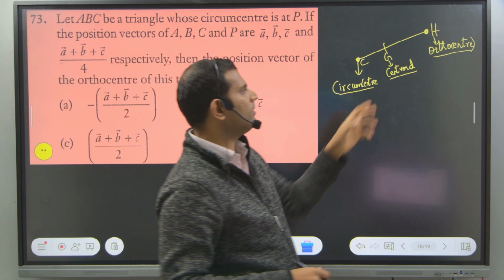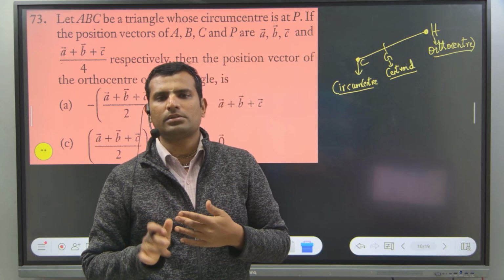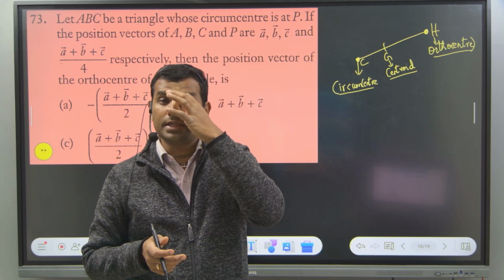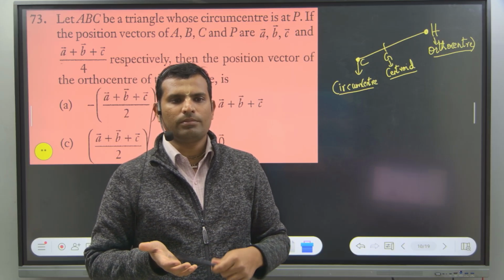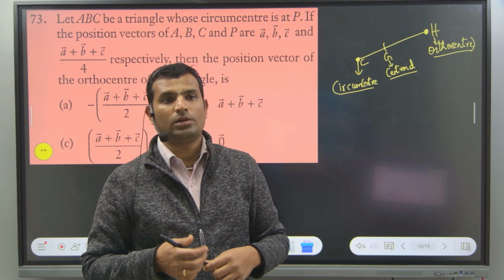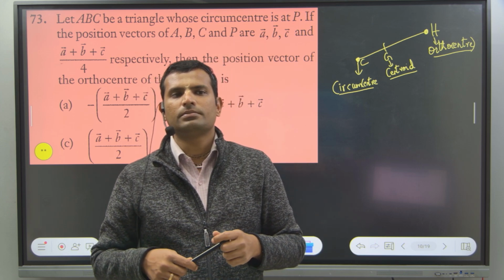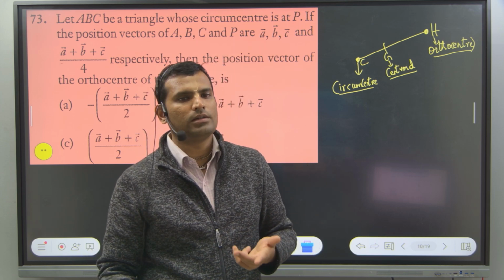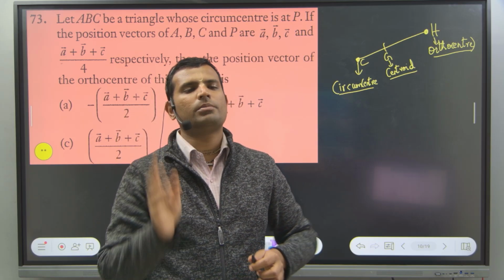Can anyone tell me in which ratio it will divide? Centroid divides circumcenter and orthocenter in which ratio? 1:1? No. 2:1. Now, where should I put 2? Where should I put 1?